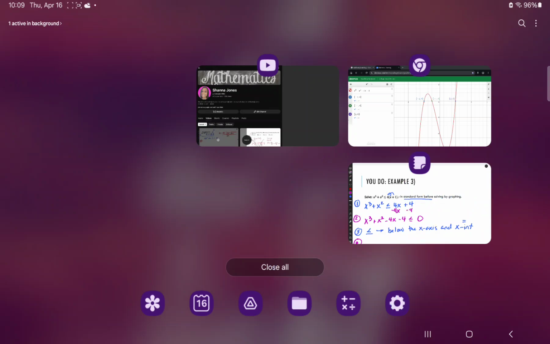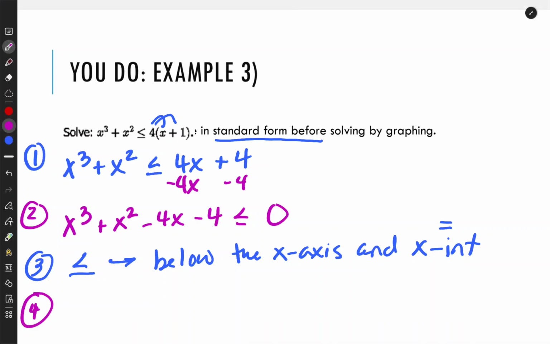Let me turn off that. Okay, so we ended up with x being less than or equal to -2. That's an inequality. So that means from -infinity into -2, but with a bracket because it's equal to.